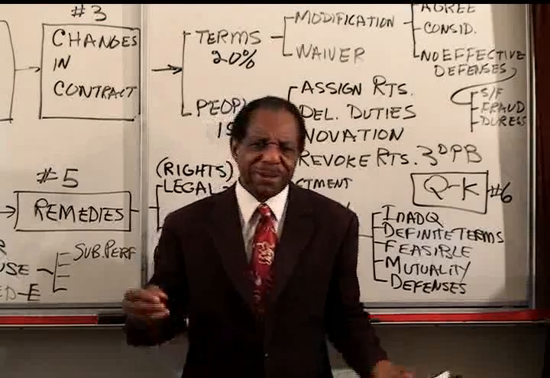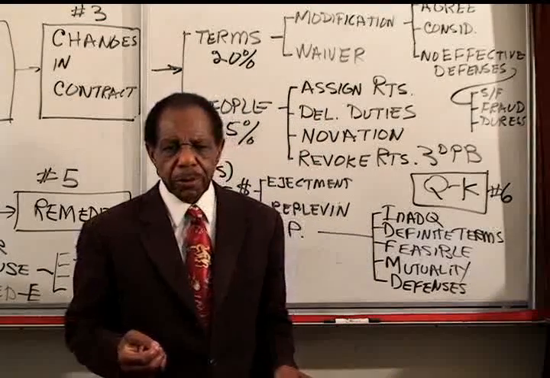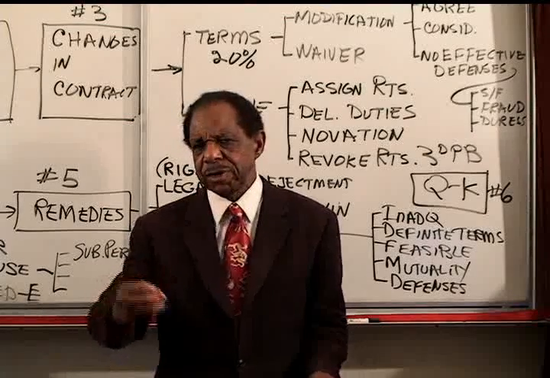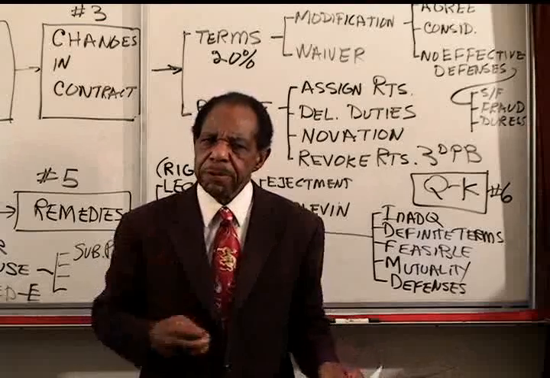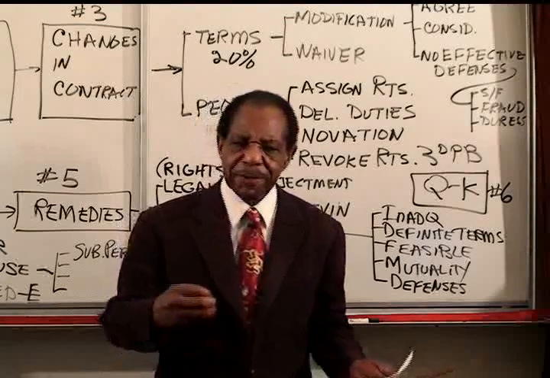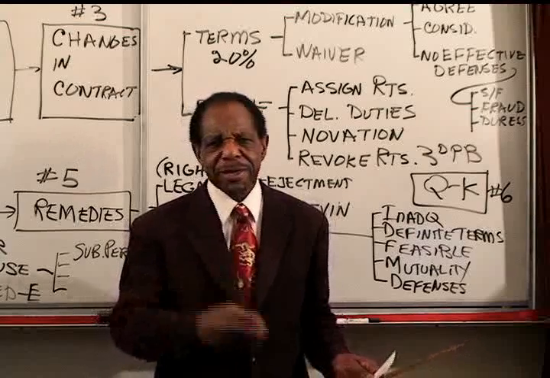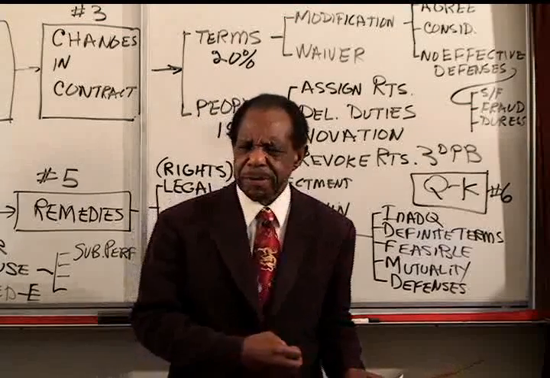We often talk about the party to be charged, and that's a little confusing. So you need a writing if you're going to have a contract for the sale of goods for $500 or more. Now the question becomes, suppose you have a contract and then the contract gets modified. Does that modification need to be in writing?